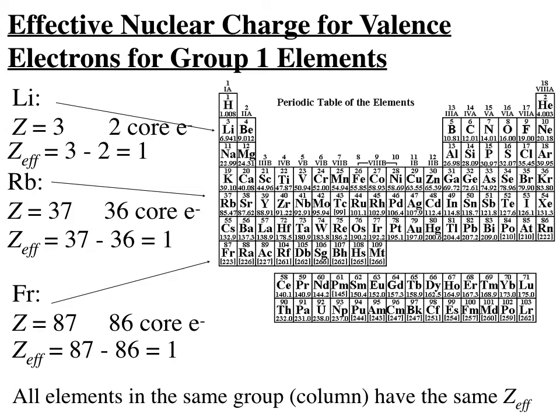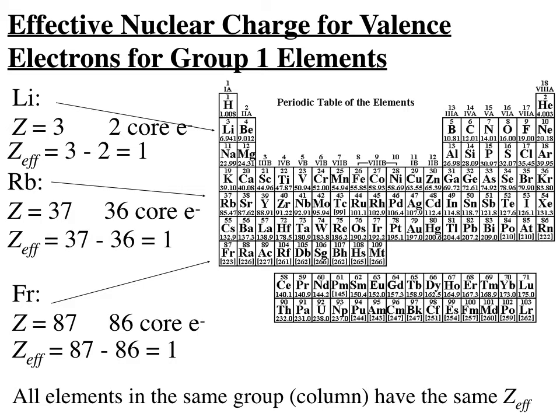Now if you go down to sulfur, you would get the same thing. You count up its element number, 16, and it has 10 core electrons. So Z effective for the 6 valence electrons of sulfur, the 6 electrons in row 3, is 6.